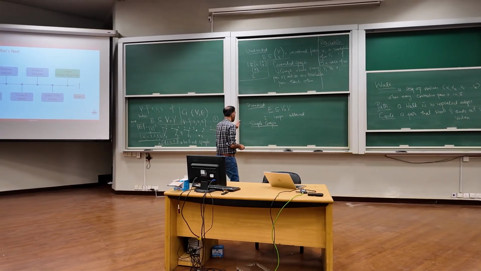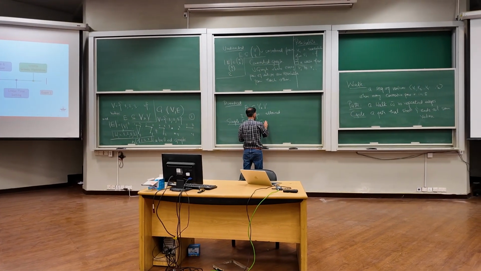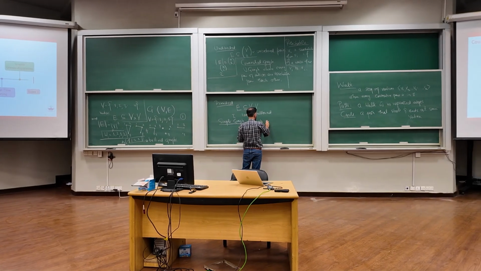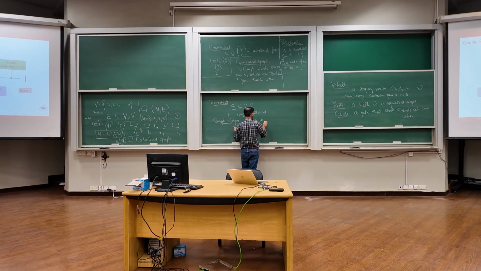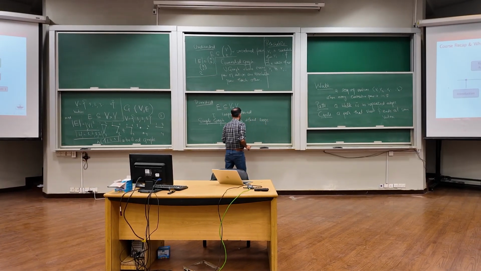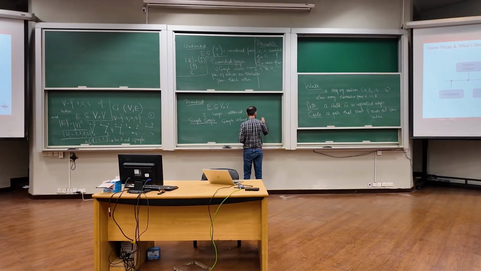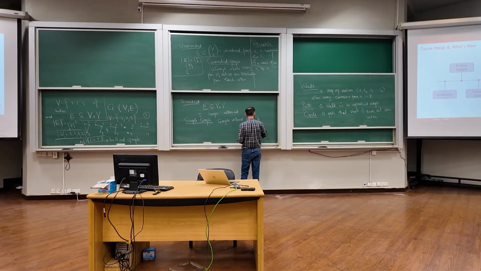Don't have a watch. Okay, a simple graph is a graph without loops. एक और चीज़ भी होती है loops and multiple edges.